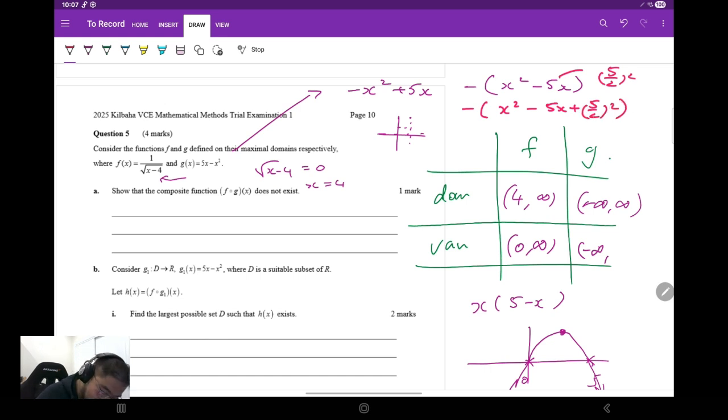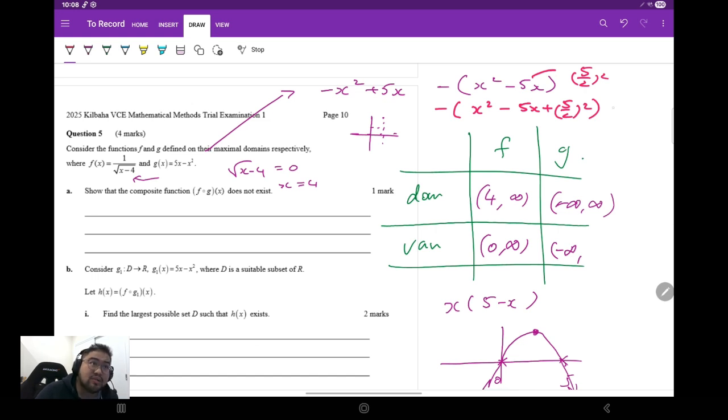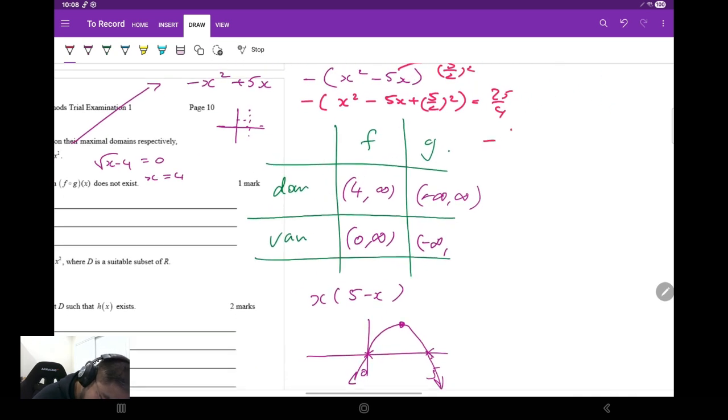And we balance it out on the other side with 25 on 4. When we rearrange this, we get the equation as negative, x minus 5 on 2 squared, plus 25 on 4.